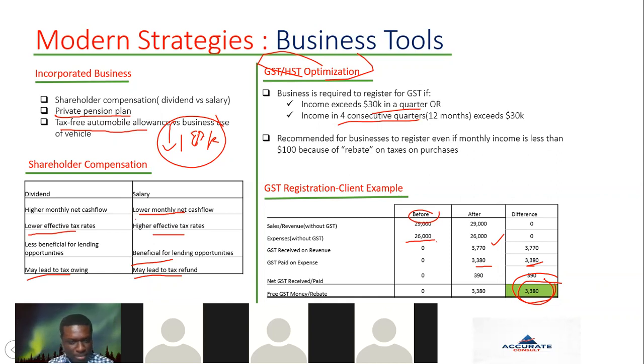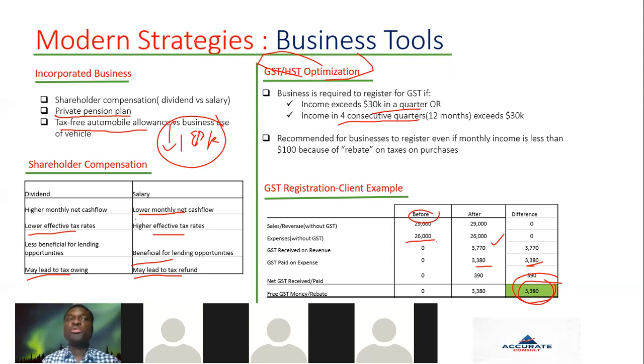Okay, I have a question here, right? You have a business, and every month the customer pays you GST, and that GST is remitted to CRA in return, right? Are you telling me now that when I'm filing and I document my GST paid on my expenses, I could get a refund from government?